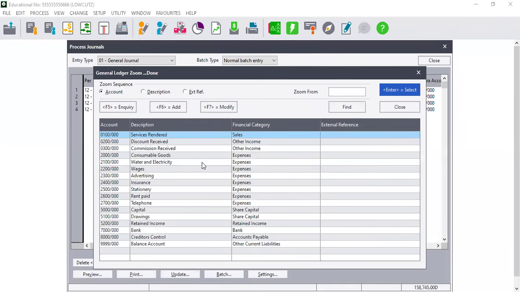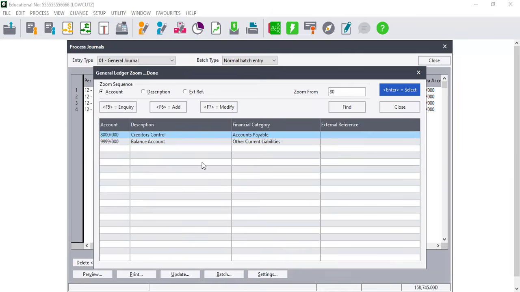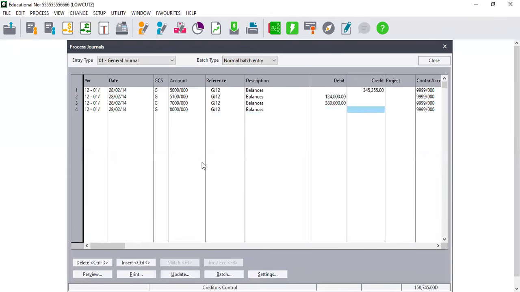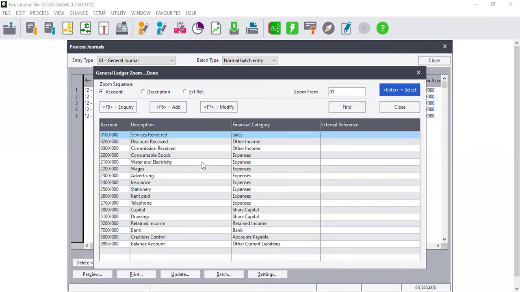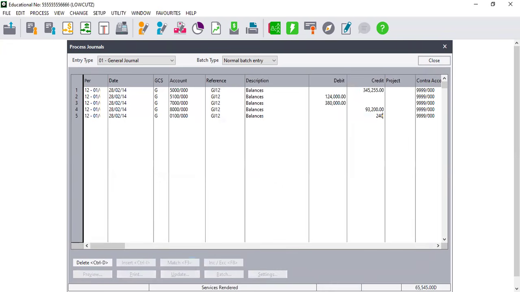Then we have creditors control, I hope you know that it will be credited. Now, services rendered is also credited, 240,000.